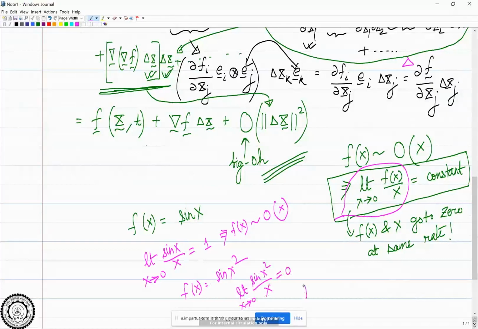So then I do another exercise and say limit x tending to 0 sine of x square by x square. And when I do this, I will see that yes, this is equal to 1, a finite number. So this implies sine of x square is of the order of x square. Are you guys with me? Just simple mathematics, but it is very useful. So this is called big O.